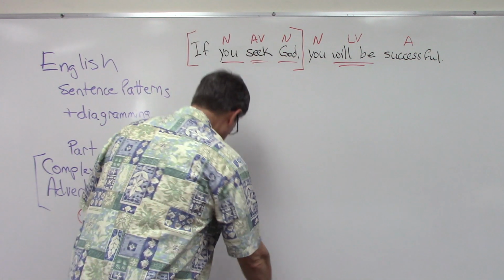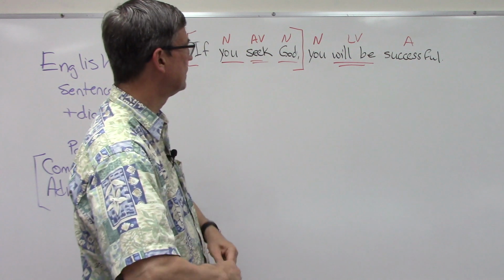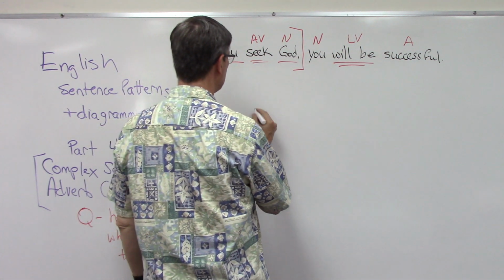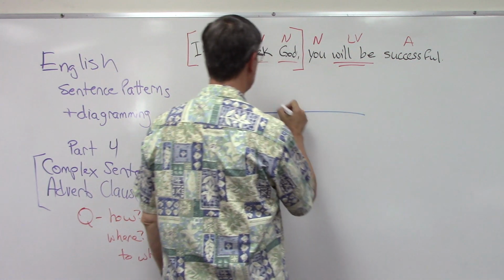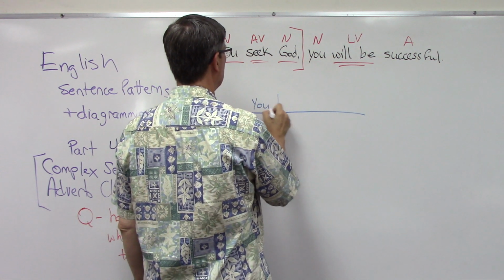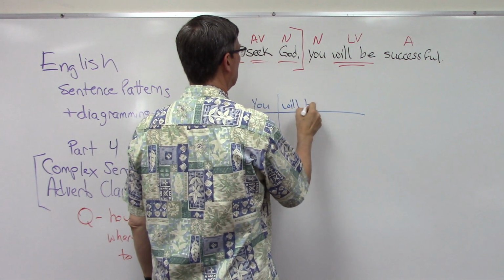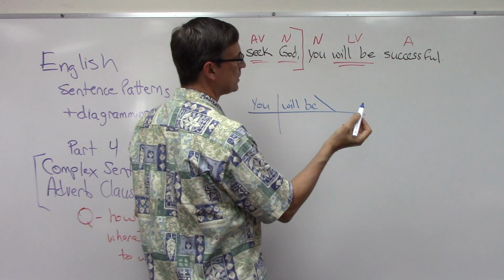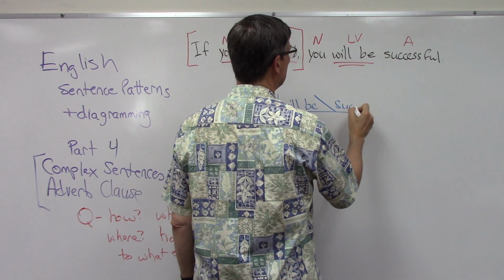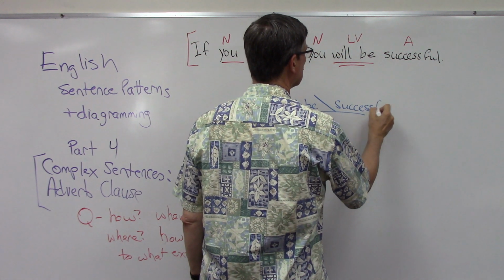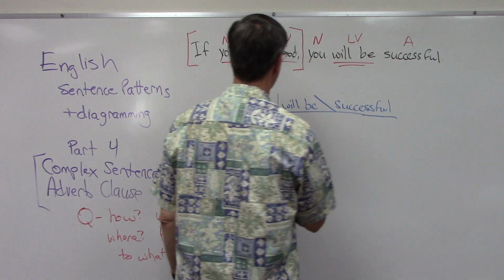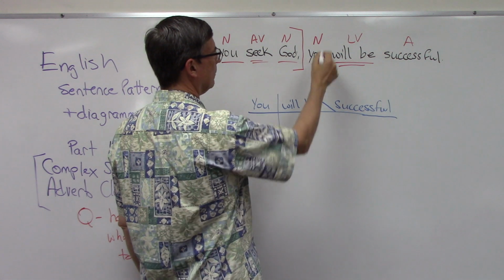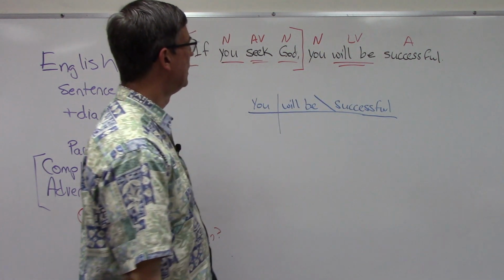We always start with the main sentence first. So let's draw this line. You will be, because it's a linking verb, we do a slanted line, successful. You see the pattern there, I'm not going to do it again.